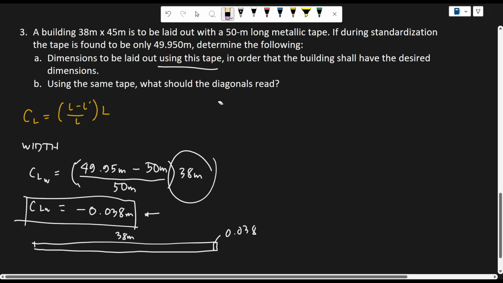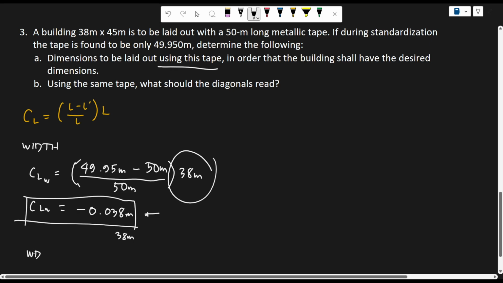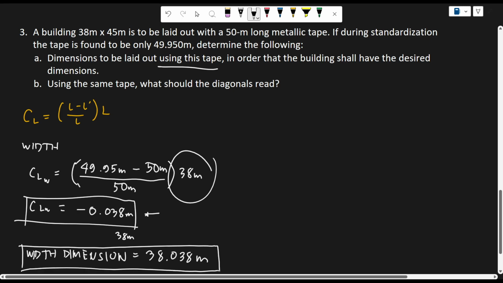So when we lay out, the dimension to be laid out for the width should be equal to 38 plus 0.038, that would be 38.038 meters. I know this can be a little bit confusing because in the past two problems we have been correcting the already measured length.